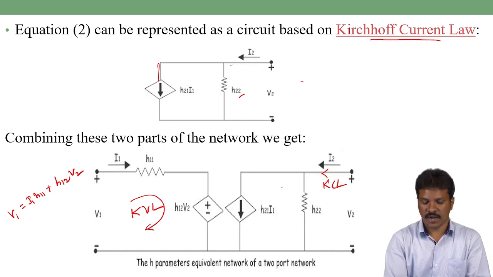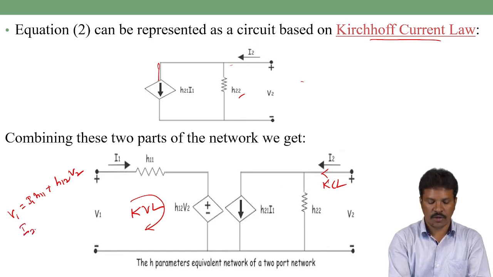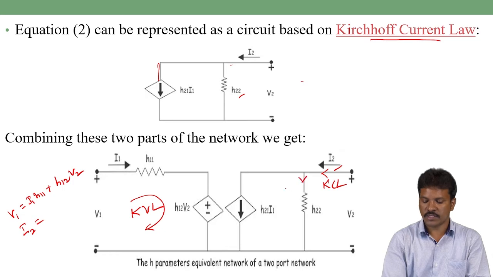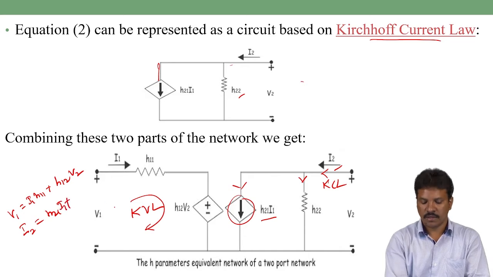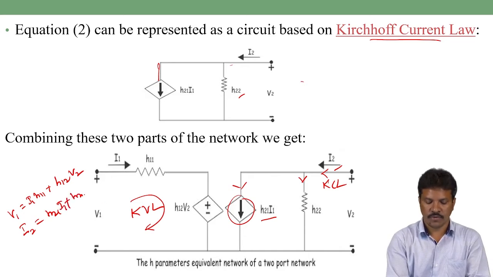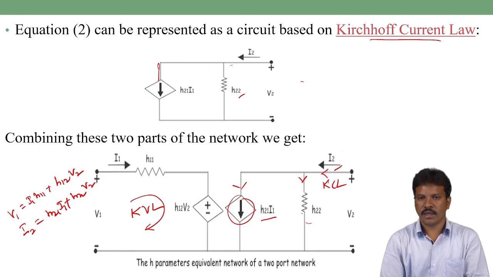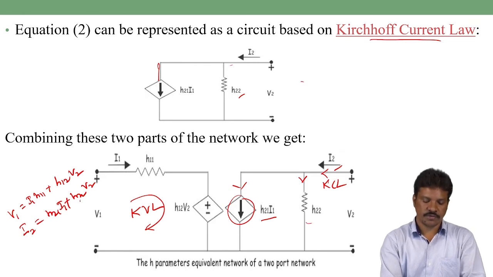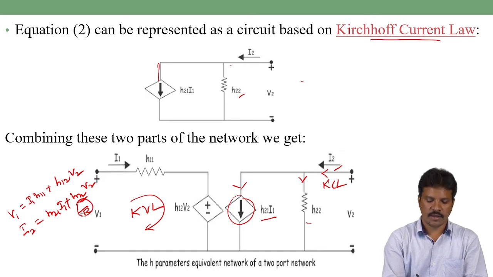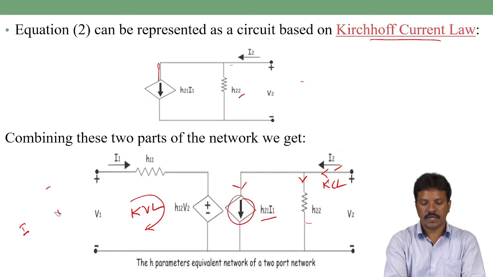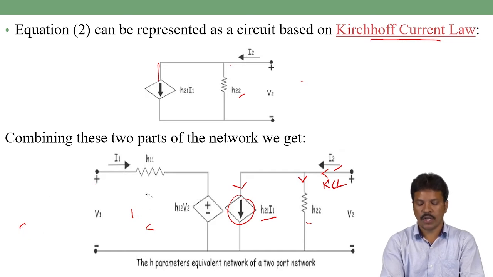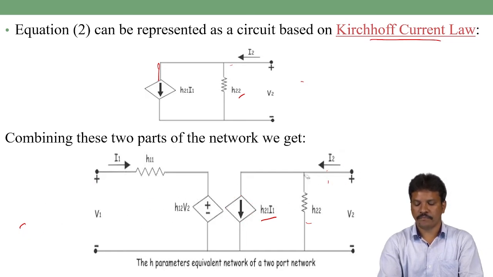Applying Kirchhoff's current law at the output loop, I2 is equal to the current flowing in this loop, which is H21 I1 plus H22 V2, where H22 is the admittance, which is 1 by R. So V2 by R is nothing but current. This is the equivalent representation of the two-port network.